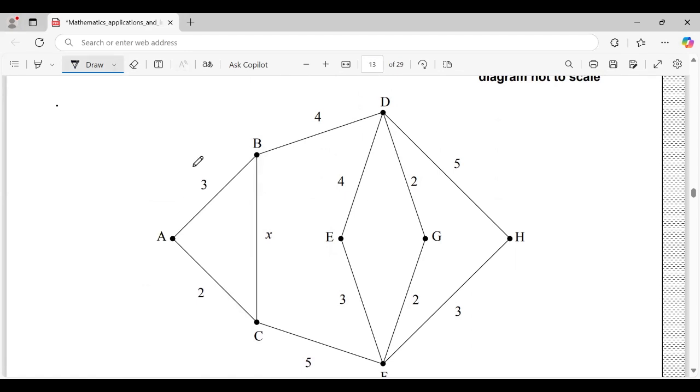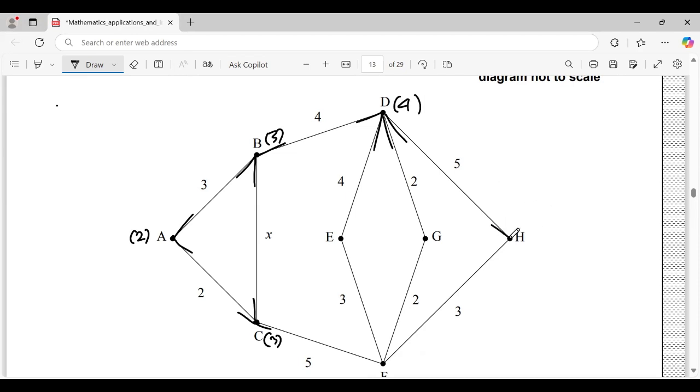I'm going to start with A. A has 1, 2. Okay, A has 2. B has 1, 2, 3. B has 3. Now C has 1, 2, 3. C has 3. D has 1, 2, 3, 4. D has 4.